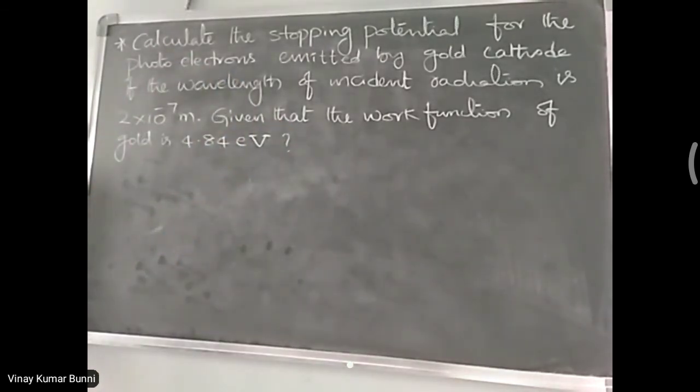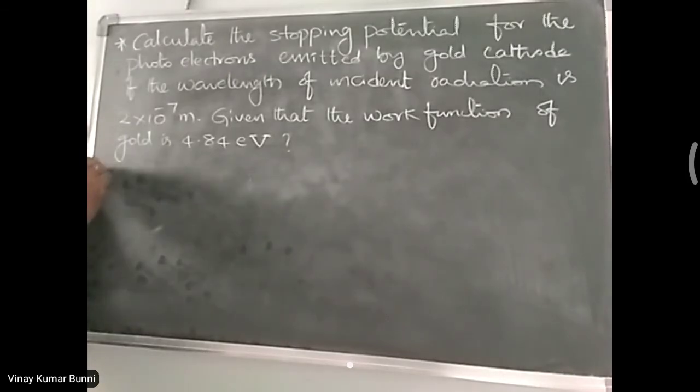See, by seeing the problem, what do you understand? Calculate the stopping potential for the photoelectrons emitted by gold cathode if the wavelength of incident radiation is 2 into 10 power minus 7 meters. Here wavelength is given and work function is also given. Now, what is our aim? To get the stopping potential type relation.